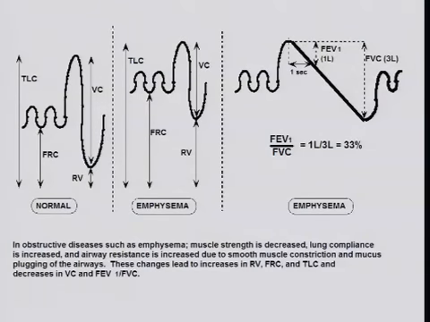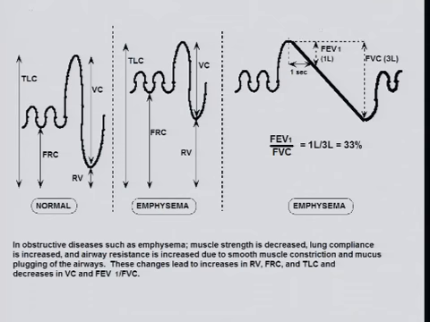So therefore, because of a loss of tissue, you have a loss of alveoli, and you get bigger alveoli, you get thinner walls, and therefore you lose a huge amount of surface area, but you also increase compliance. But you also lose recoil, because without that elastin, your lung will not recoil.